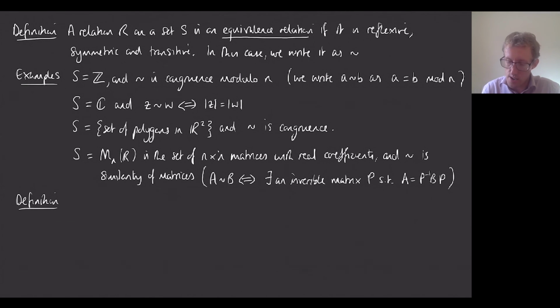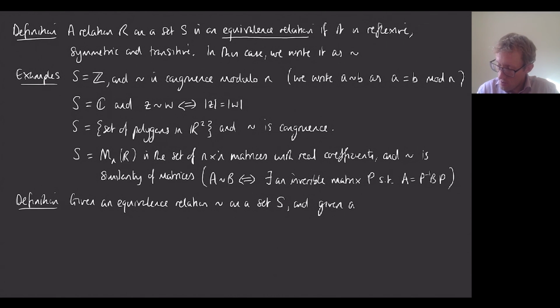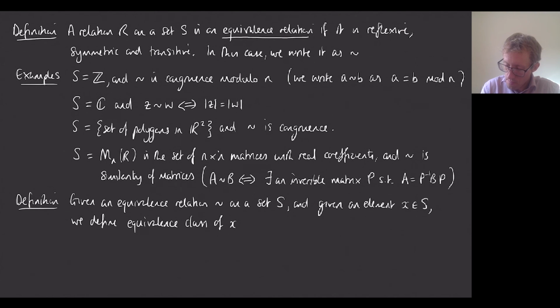And this is of an equivalence class. So I'm going to say, given an equivalence relation tilde on a set S, and given a particular element of that set, so an element X, say, in S, we're going to define the equivalence class of that X. We define that as the set, and we denote it X with a bar over the top of it.